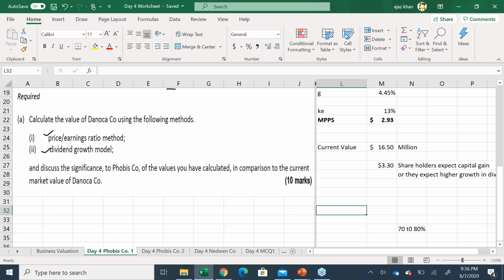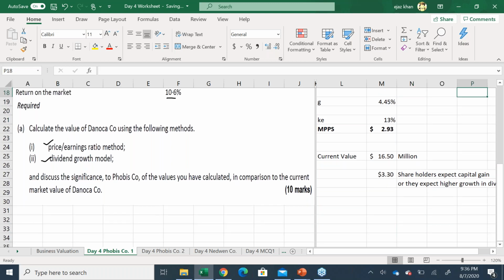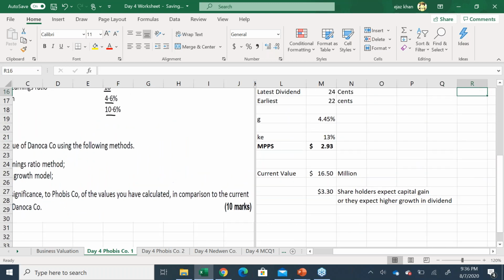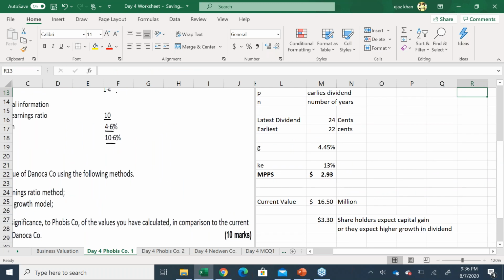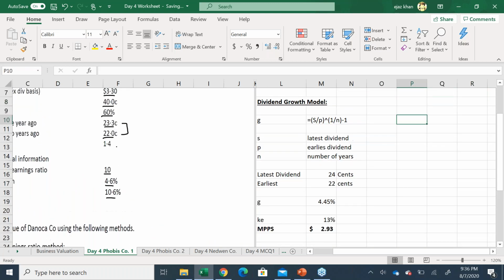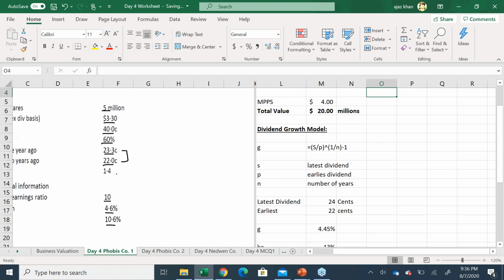Which answer are you talking about? We've calculated so many things. Okay. Okay, PE ratio, here we go.